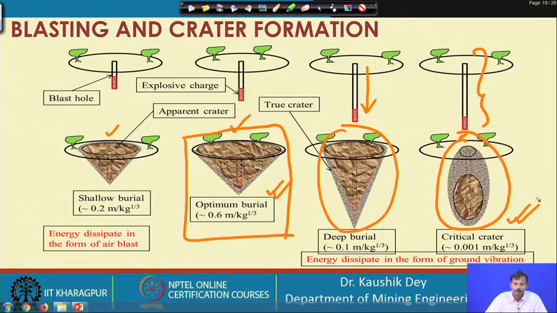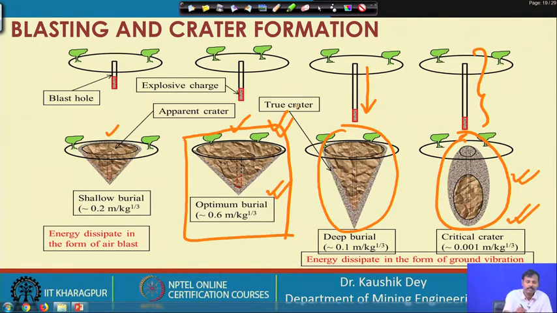So, basically critical crater is the depth at which the impression of the explosion inside the ground is not observable from the surface. So, there is no surface impression of the explosion. That is why this is called critical crater, but our objective is always to understand the optimum crater, because that gives us the maximum energy utilization.